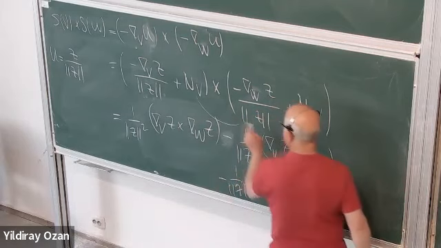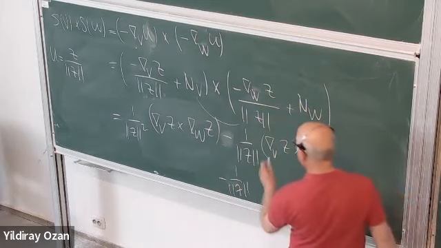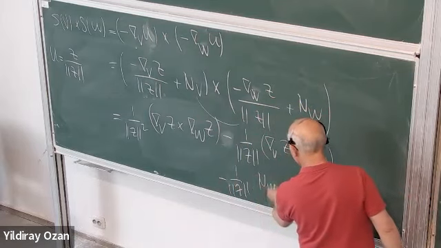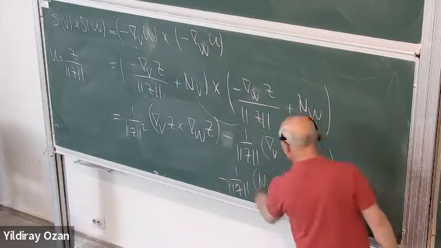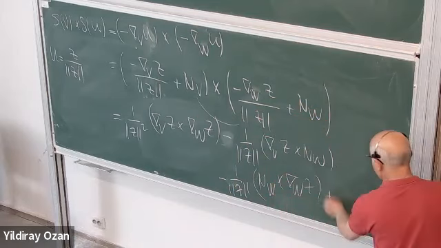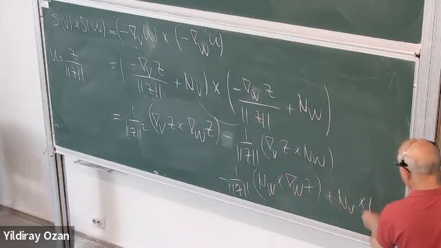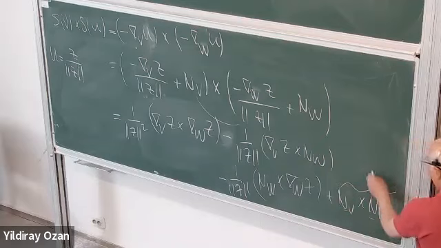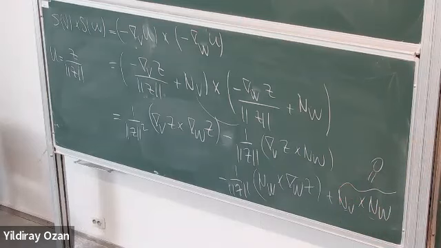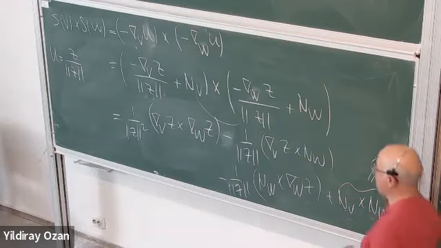This time I have this times this guy, so NV cross the covariant derivative of Z plus NV cross NW. But I know that these two vectors are both parallel to the normal vector field. Because these two vectors are both normal to the same surface, they are parallel. And cross product of two parallel vectors is 0.